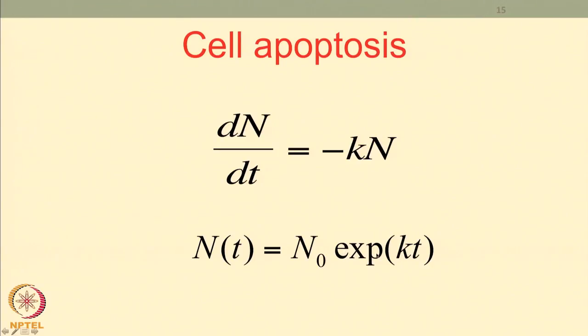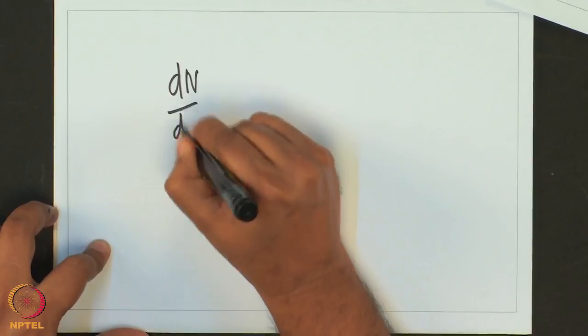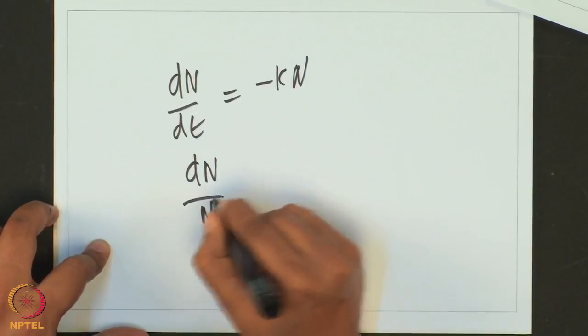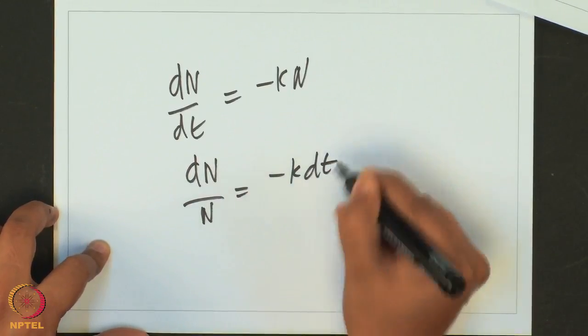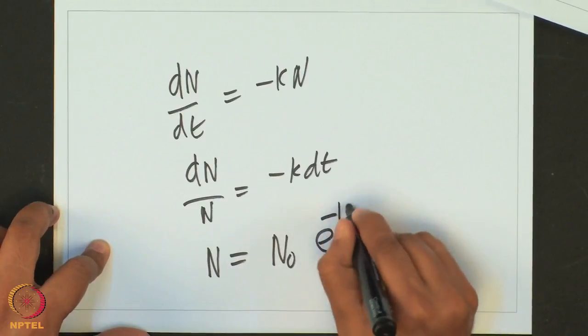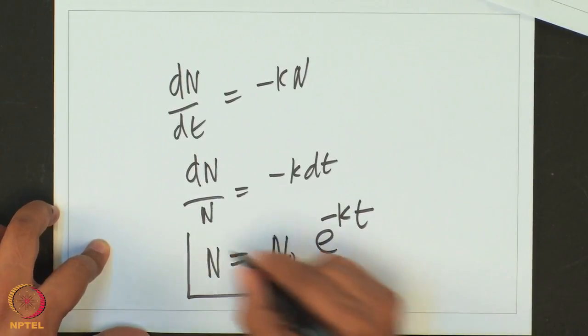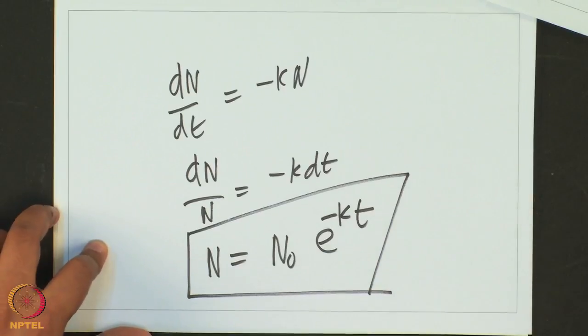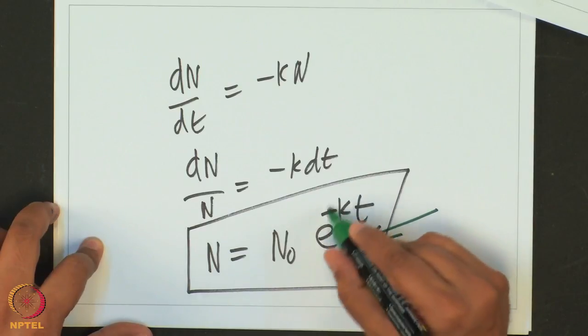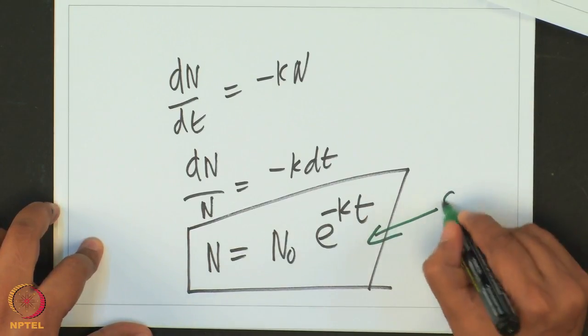Similarly, you could do this calculation and show that if you have dn by dt is equal to minus kn, I could write dn by n is equal to minus k dt, and you would get that n is equal to n0 e power minus kt. So this is exponential decay. We follow similar mathematics, but the only thing is that here there is a negative sign, so n would decrease.